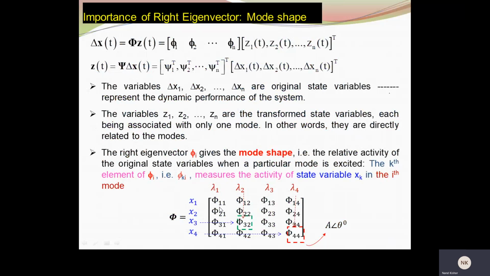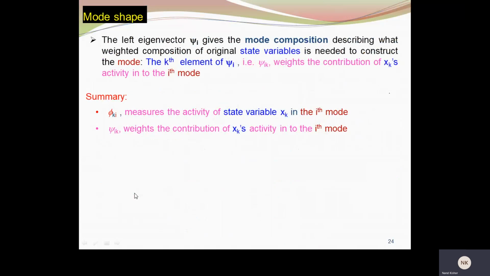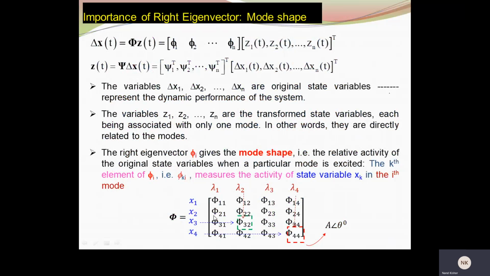If I consider an element of the matrix phi, say phi 1 1 or phi 2 1, let us consider phi 3 2 here. This element of the matrix phi corresponds to state variable 3 and to the mode lambda 2 here.